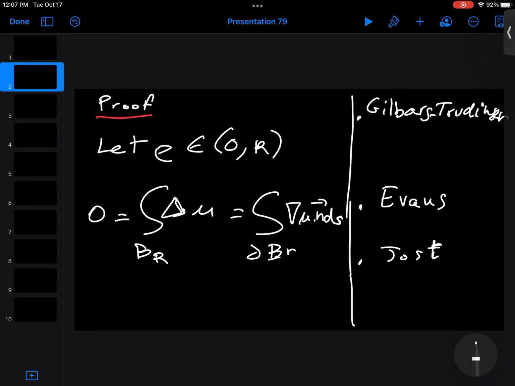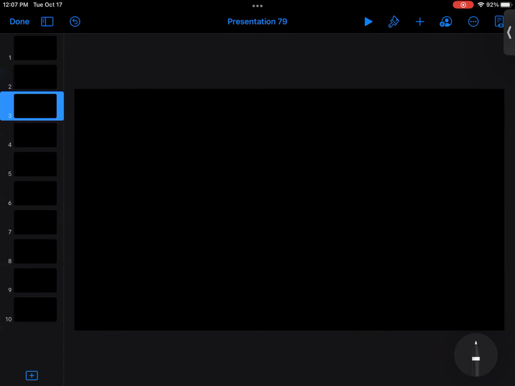Maybe we can spend some time to recall what the divergence theorem is. So what's the divergence?